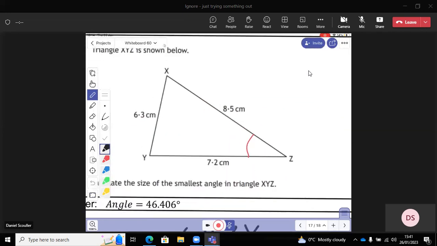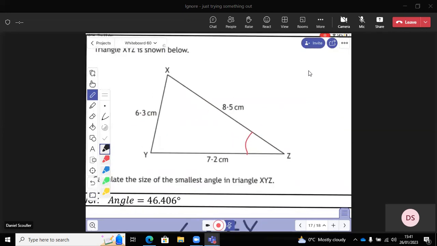If we're wanting to find this angle down here, that has to be angle A for us. That means the 6.3 side is side A. It's up to us to label that correctly.